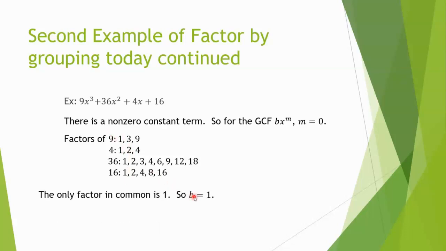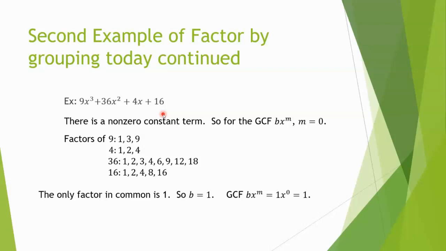That forces b to be 1. Hence, the greatest common factor is just going to be 1. So we don't factor anything out yet. If you tried to factor out 1, that's not going to get you anywhere.